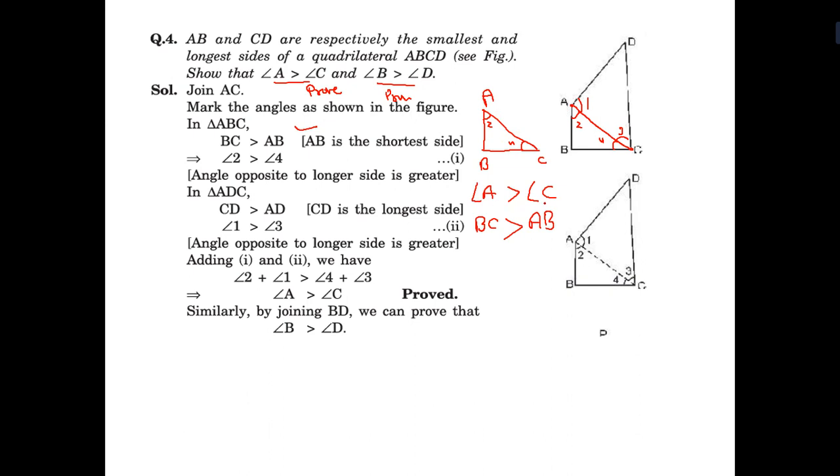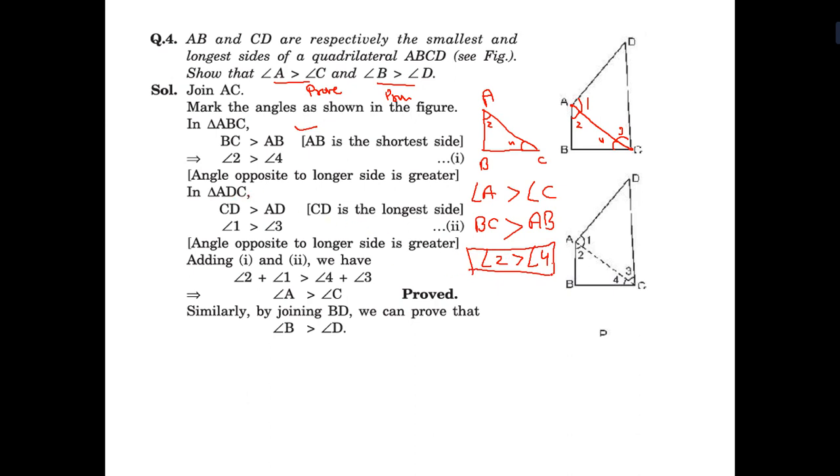Now BC's opposite angle is 2, so angle 2 is greater than angle 4.